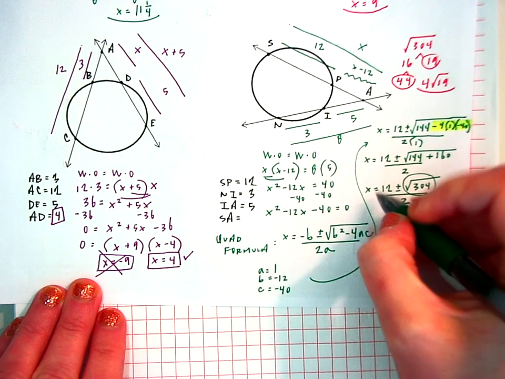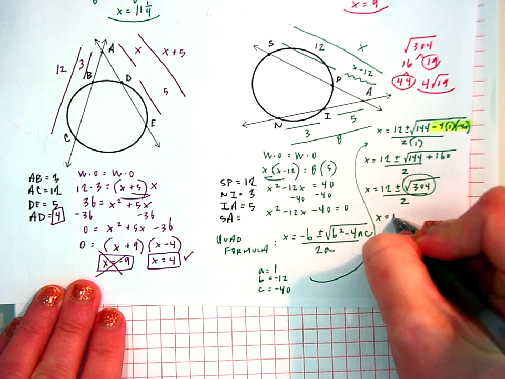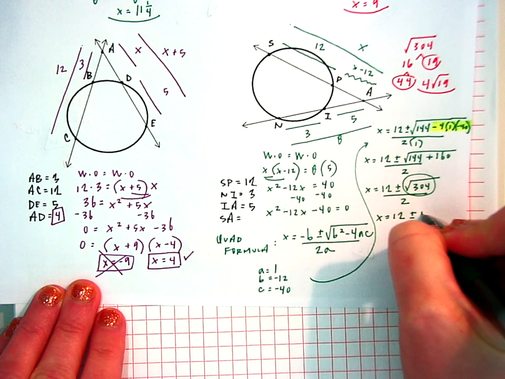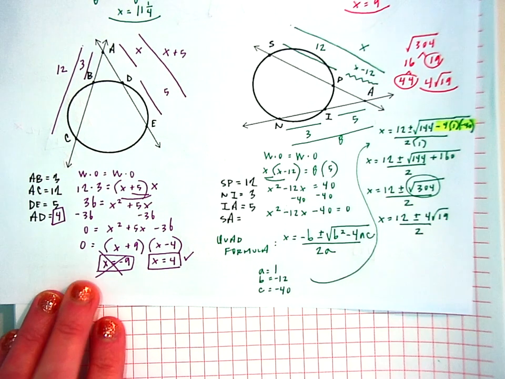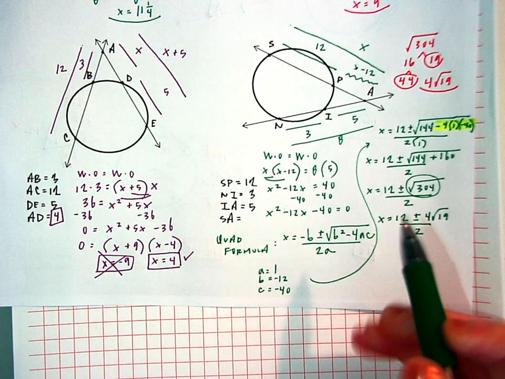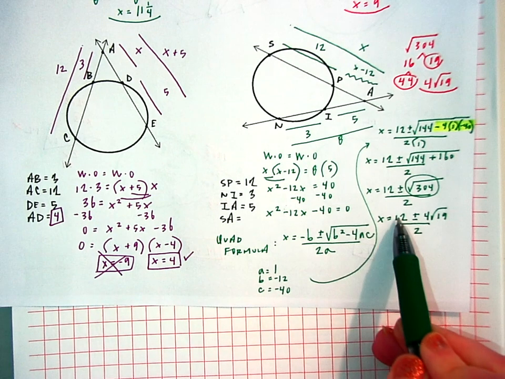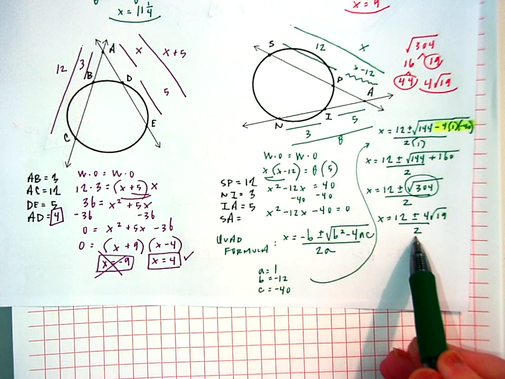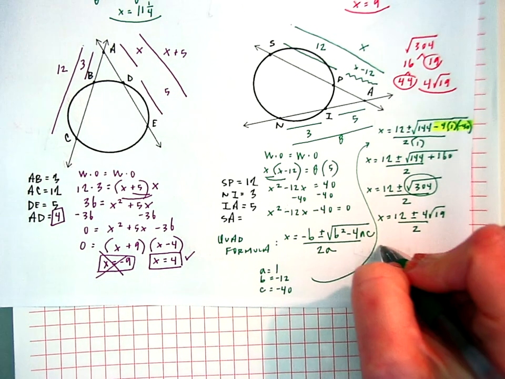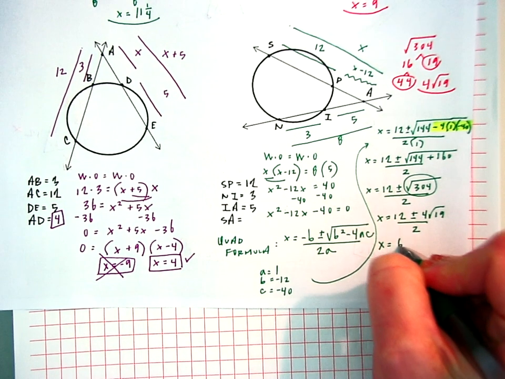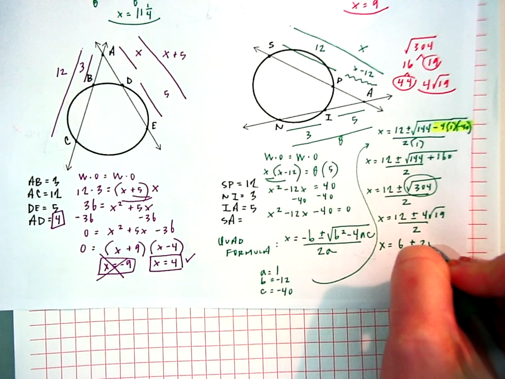So next stage, I have x is equal to 12 plus or minus 4 times the square root of 19, all divided by 2. Okay, and when I'm simplifying from here, I need to find a number that goes into all 3 of these terms. So they're all divisible by 2. So if I divide each of these 3 parts by 2, I now have 6 plus or minus 2 square root 19.